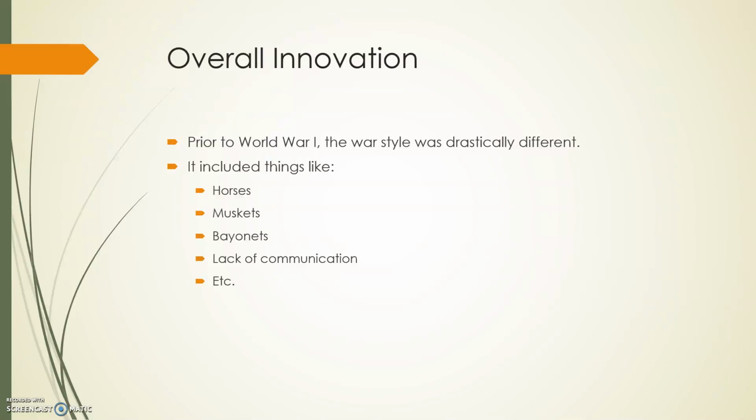For example, like I said earlier, in the Napoleonic Wars, about 100 years earlier, the last major war prior to World War I, there were horses, muskets, bayonets, and communication was barely used because they didn't have things that they could just immediately send to each other. They had to use horses to get it to the person they wanted to send it to. So World War I brought huge innovation to the aspect of war.